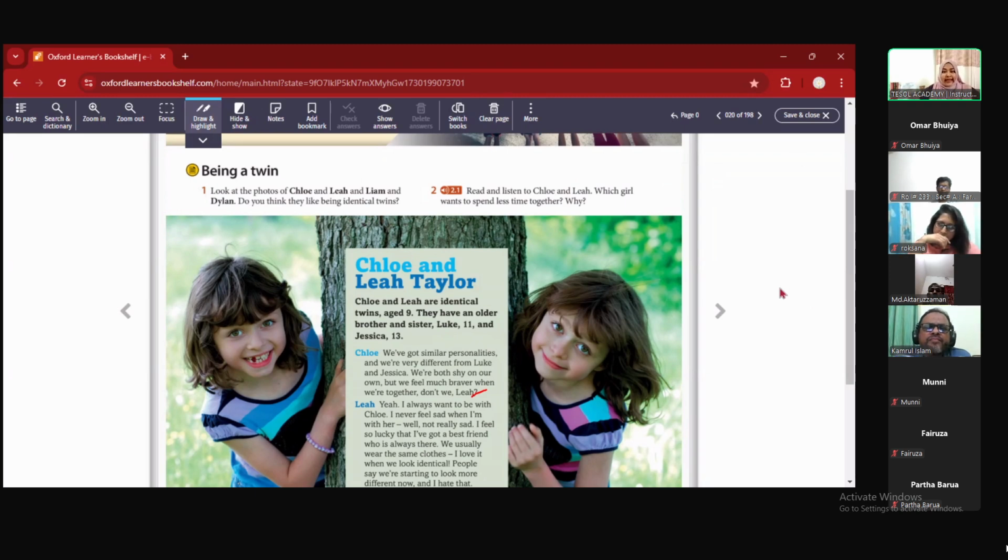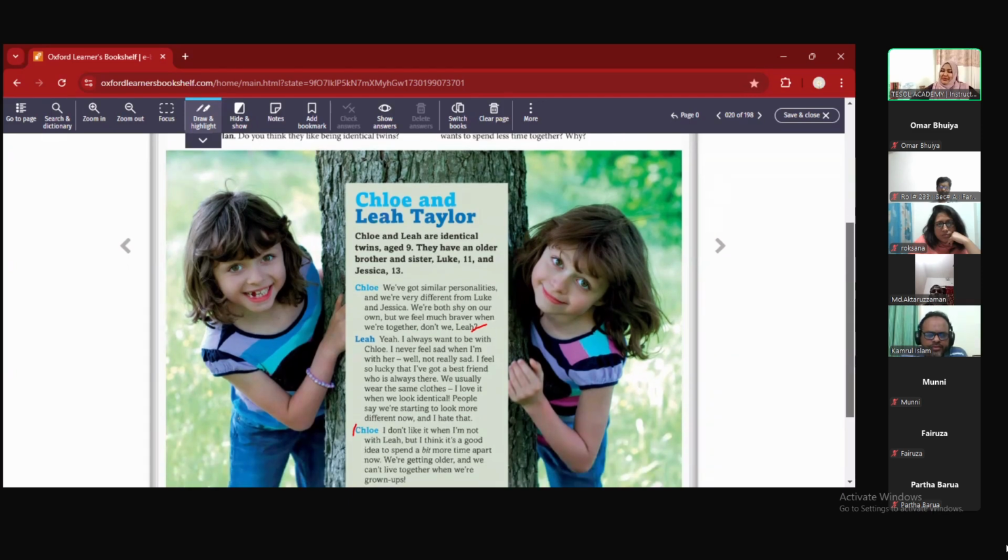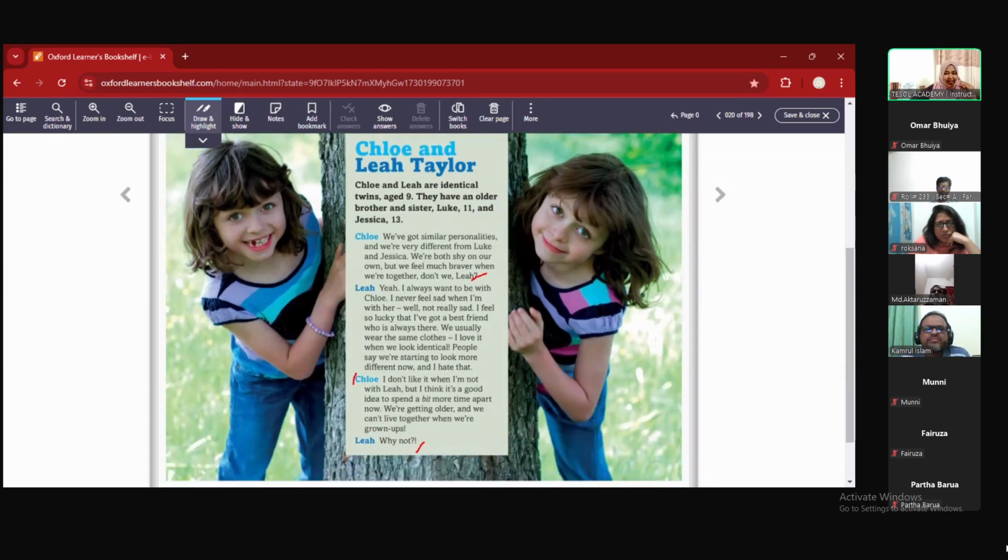I hid the part where the answer is. Chloe? Who said that? Mr. Akhtar Zaman said that? Okay, very good, Mr. Akhtar. So Mr. Kamrul was looking for the answer. It's okay, Mr. Kamrul, you tried hard. The answer was down, and I hid it intentionally so that you could just say it from your mind. So that is Chloe. Chloe Taylor wants to spend some time apart.